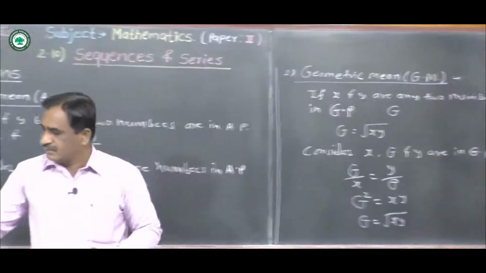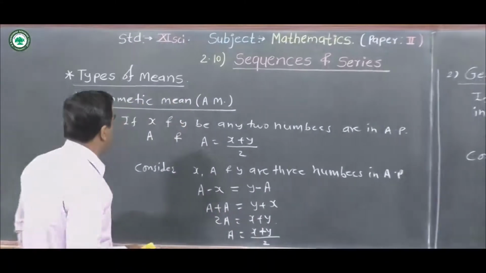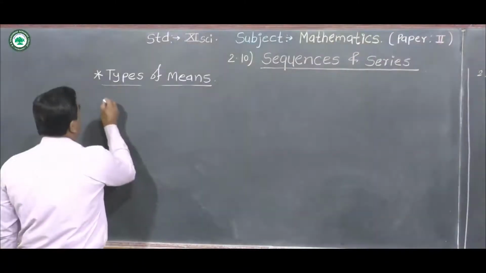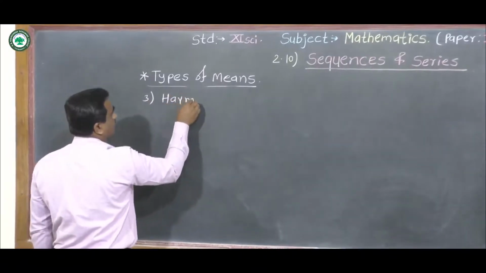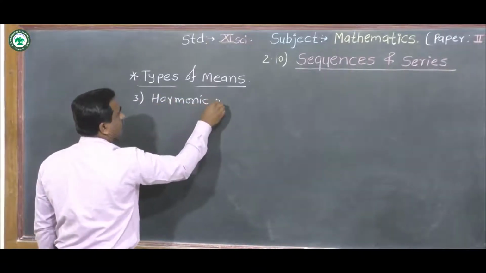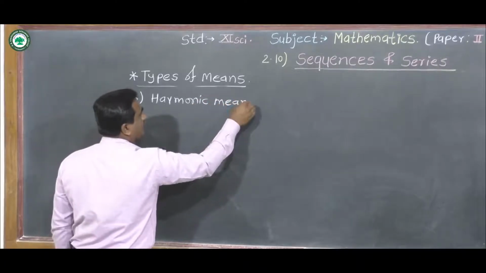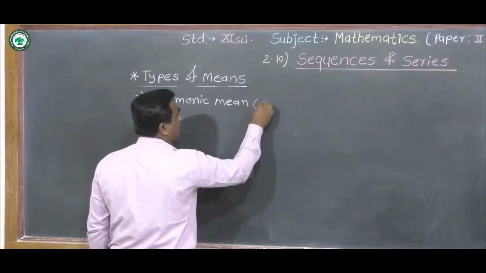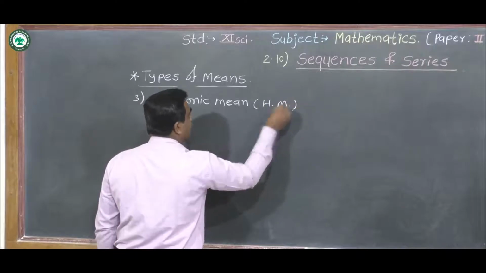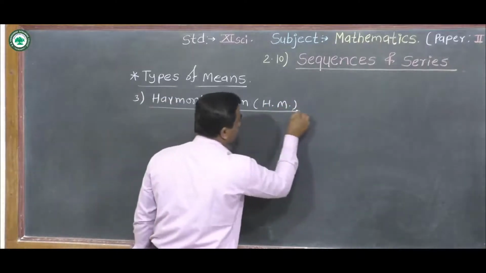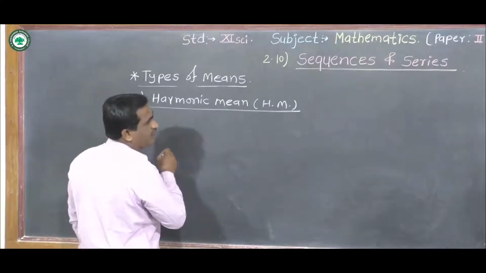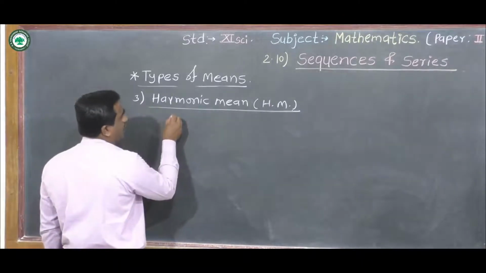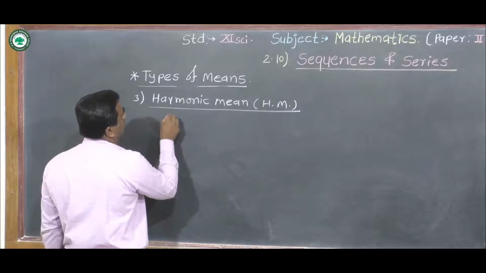The third type is harmonic mean. In short, we can write HM. Here also we consider numbers in harmonic progression or harmonic sequence.